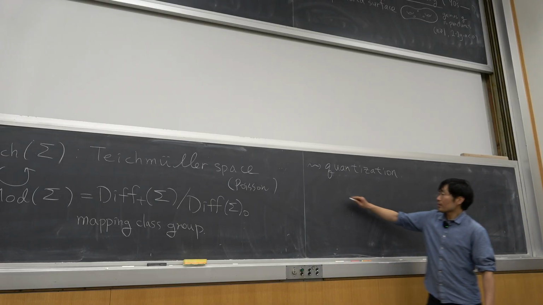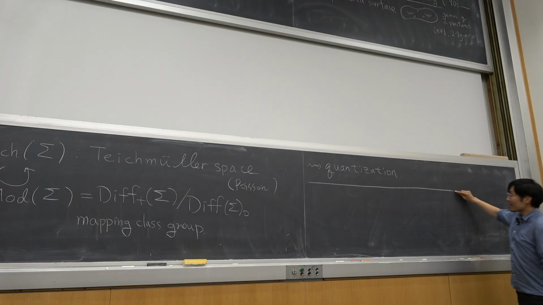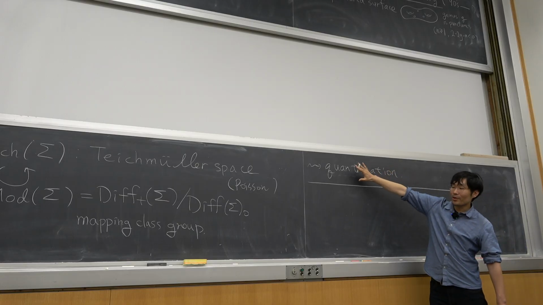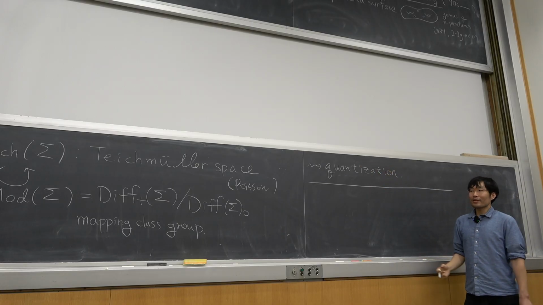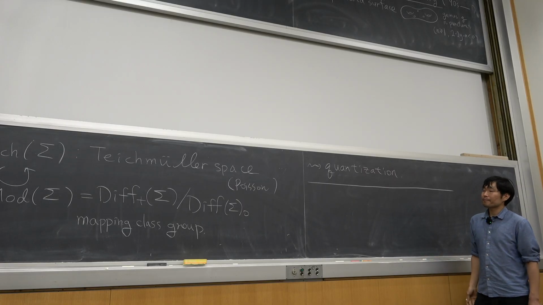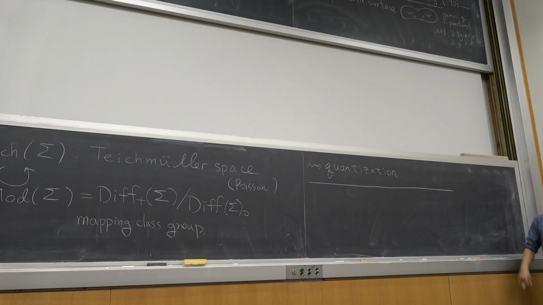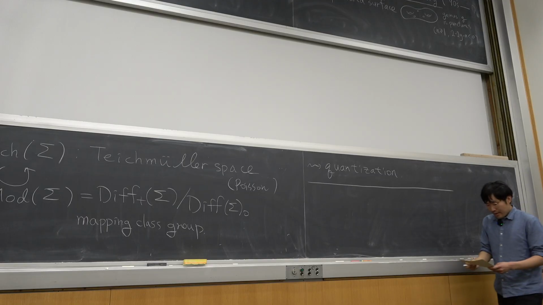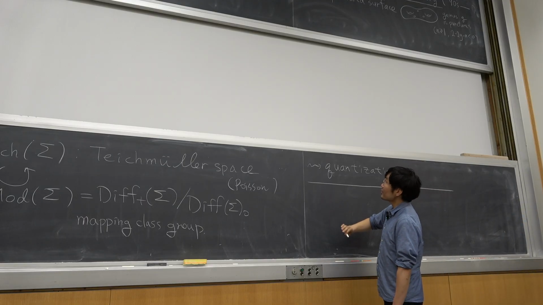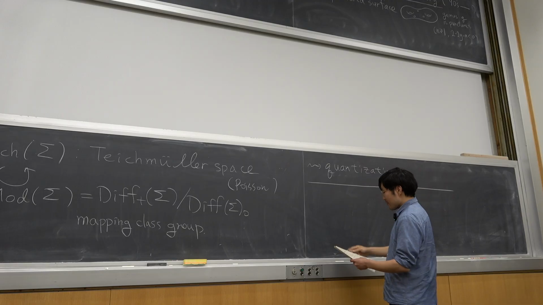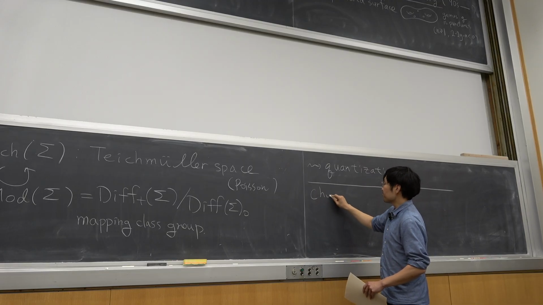So what I could do in principle is to formulate what I mean by quantization as a problem, and then give you a known solution. But I'm not even formulating a problem, I'm just giving a solution. I'm not trying to claim that this is the only solution, but this is probably the most well-known solution. And in this most well-known solution that works for punctured surfaces, we need to choose extra data.